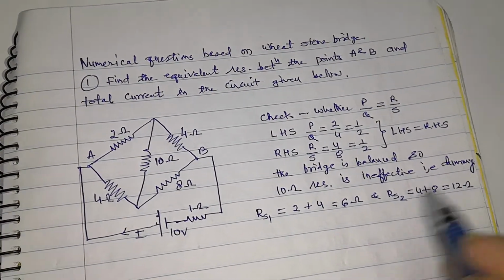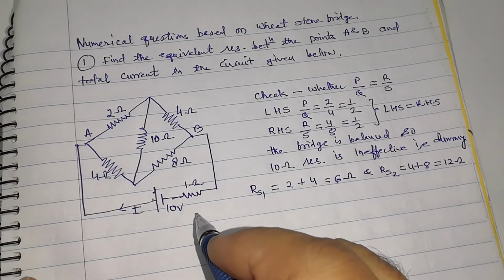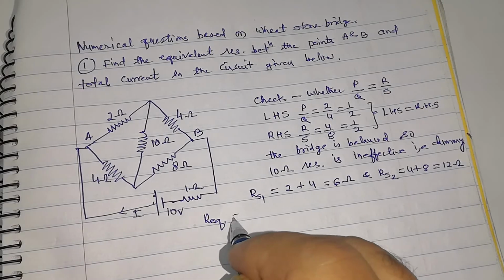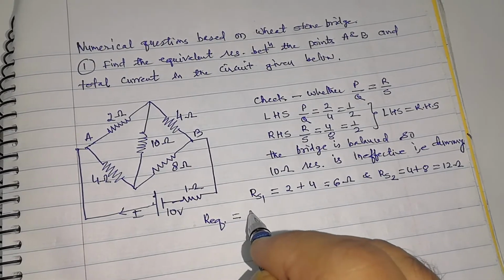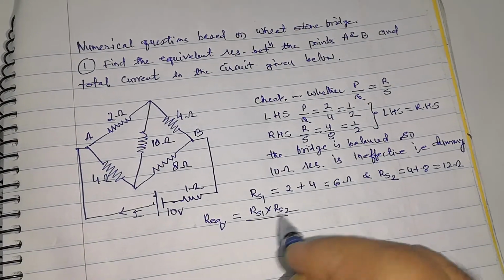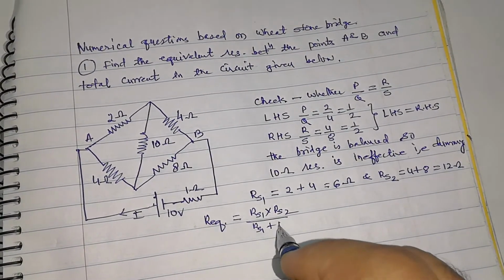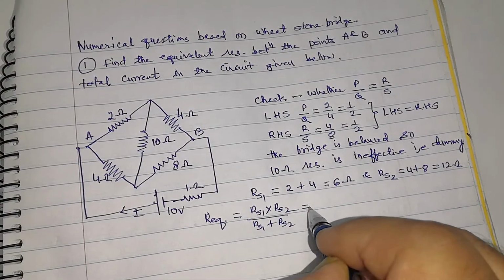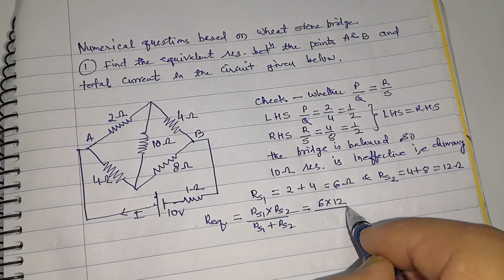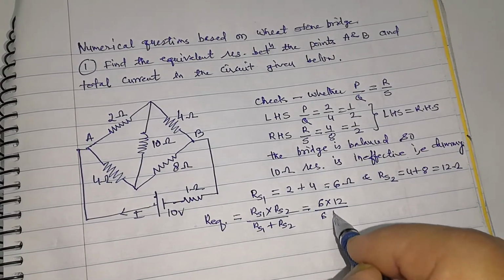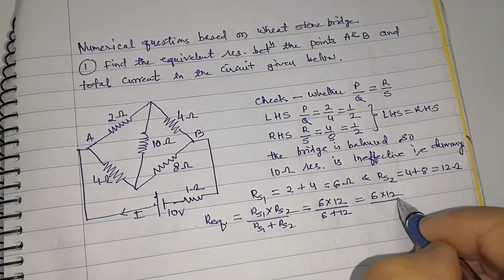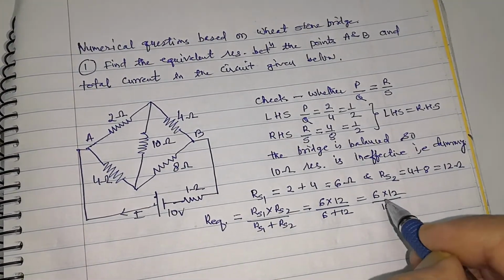They are connected in parallel, so the equivalent resistance R_EQ equals RS1 into RS2 upon RS1 plus RS2, that is 6 into 12 divided by 6 plus 12, that is 6 into 12 upon 18.